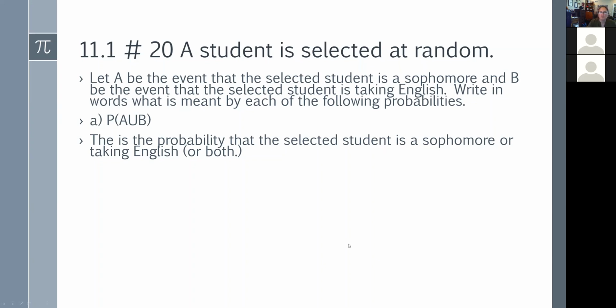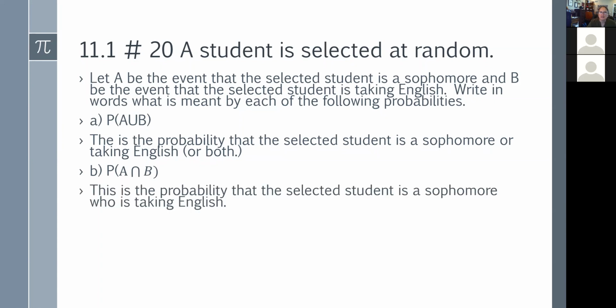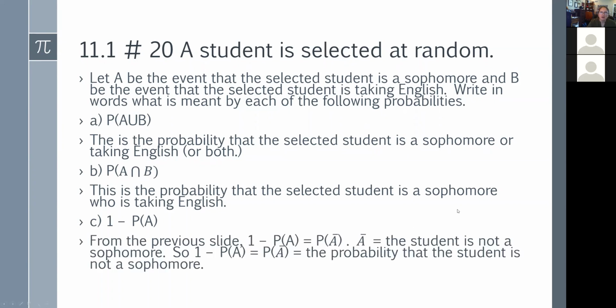Okay, whenever we do unions, we're going to include the idea of both events. The probability of A intersect B is the probability that the selected student is a sophomore who's taking English. So 1 minus the probability of A. We know that 1 minus the probability of A is the probability of A complement.